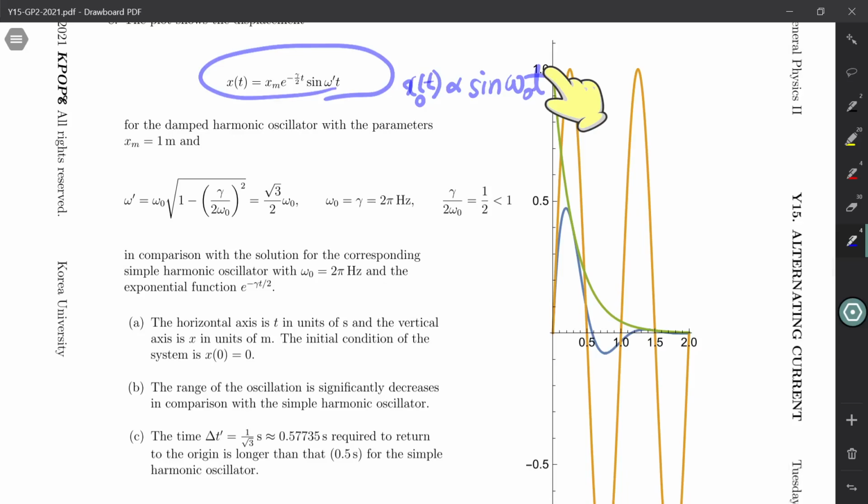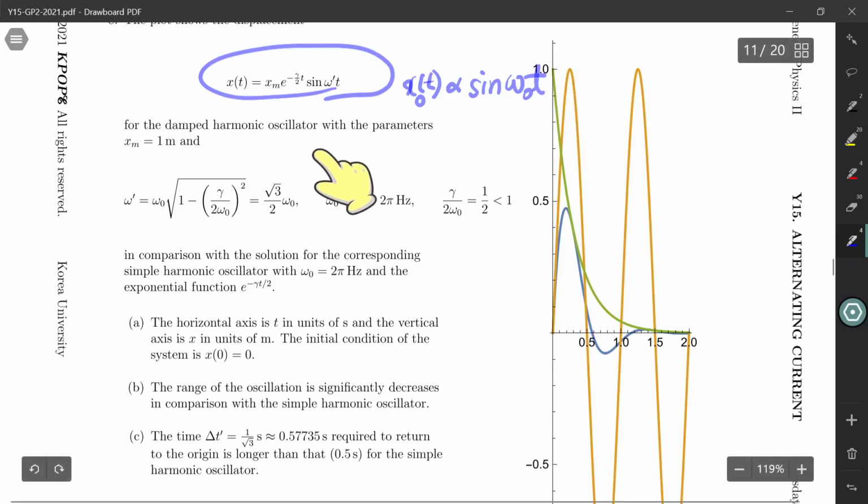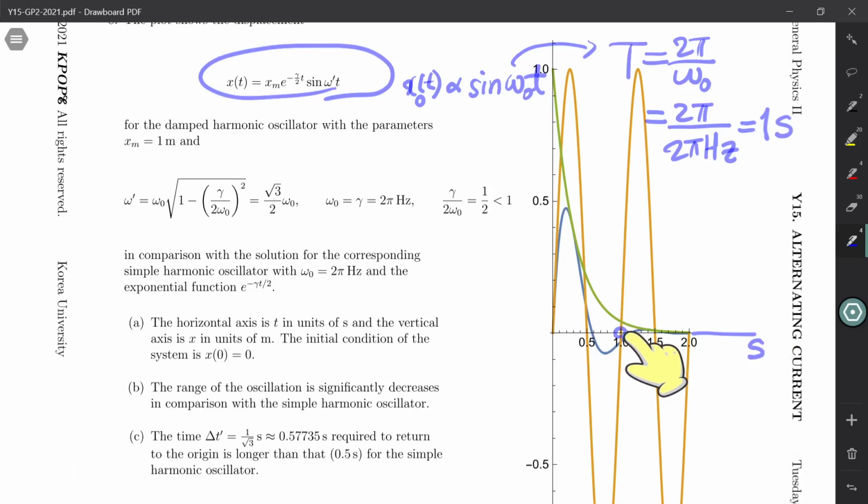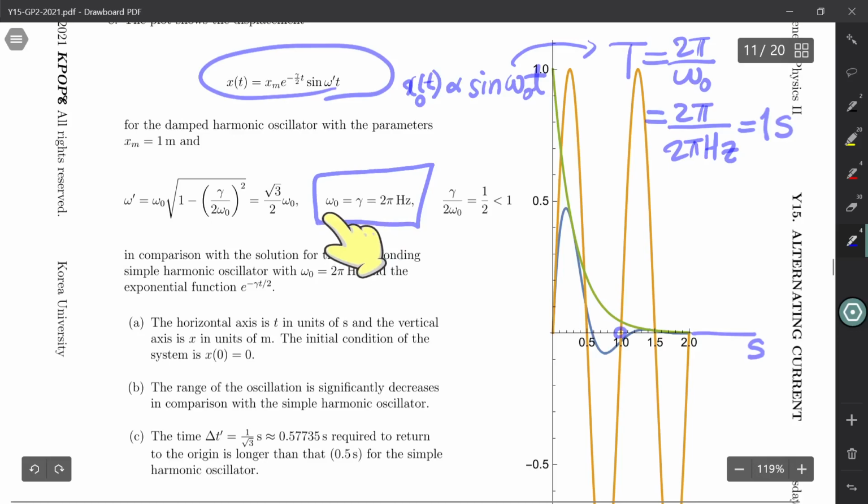Because the sine omega 0 t has a period, and omega 0 equals 2 pi hertz, it is 1 second. So when the oscillation returns to the original phase, it takes 1 second for the corresponding simple harmonic oscillator with the characteristic frequency 2 pi hertz.